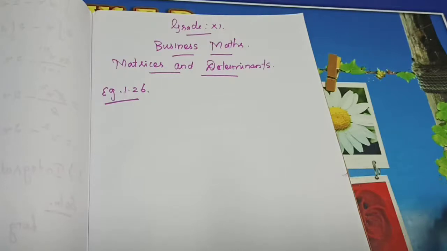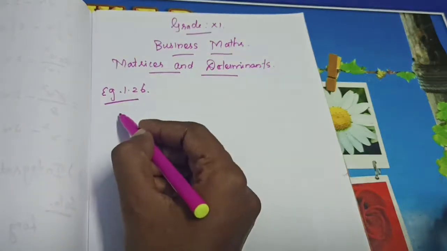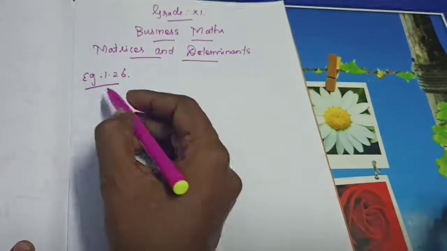So here we need to find the output as well as labor days. Now we are going to form a tabular column from the given question. Here the technology matrix is given. Solution.